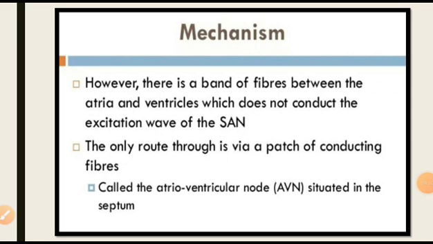However, there is a band of fibers between the atria and the ventricles which does not conduct the excitation wave of the SAN. So how does the electrical impulse move? The only route through is via a patch of conducting fibers called the atrioventricular node, or the AVN, situated in the septum.